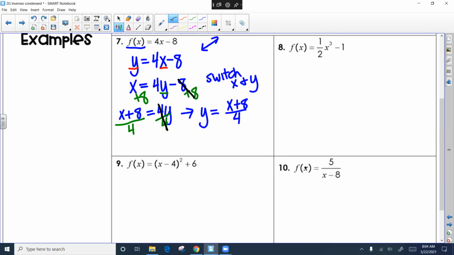We started with f of x equals 4x minus 8. This is now the inverse function. So now I replace the y with the inverse notation. F inverse of x equals x plus 8 over 4. Okay, and that's our inverse function.